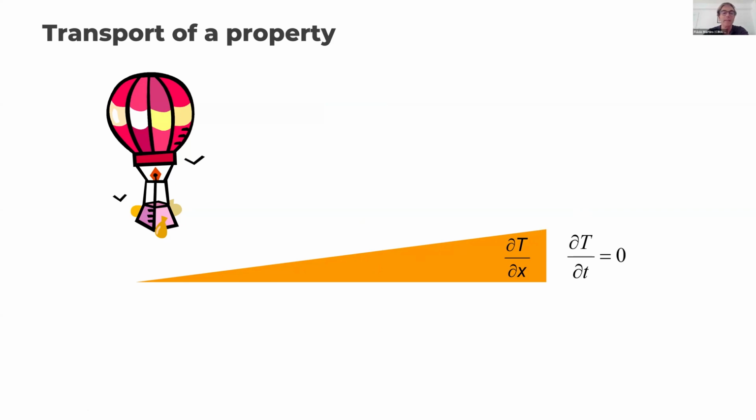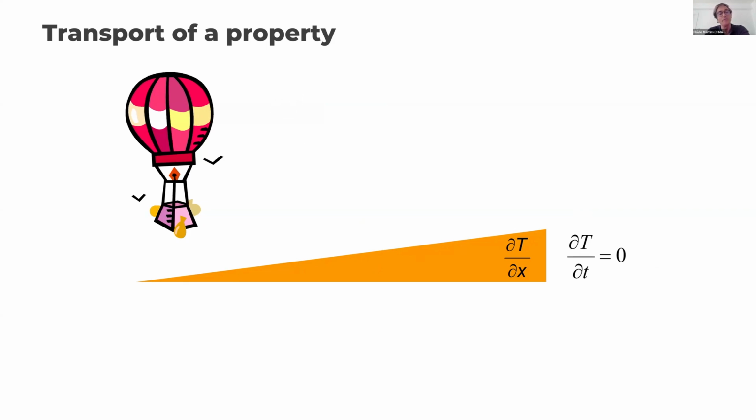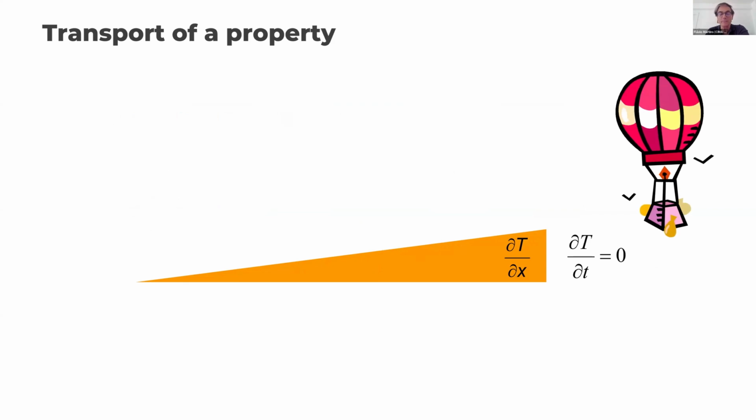So if the balloon is stopped, the change the guy measures in the balloon is zero because there is no change in time. But if the balloon has a velocity and it moves from places with lower temperature to places with higher temperature, obviously the temperature the guy measures in the balloon will change, okay?